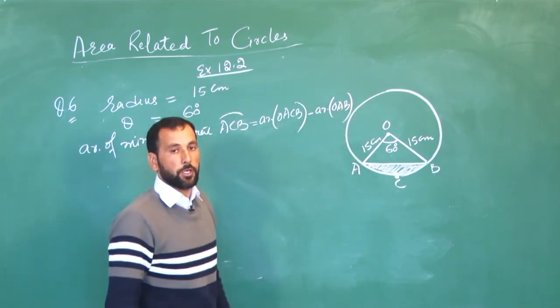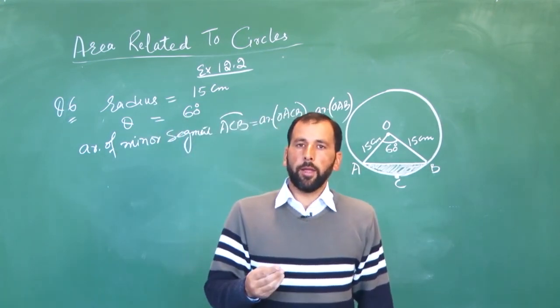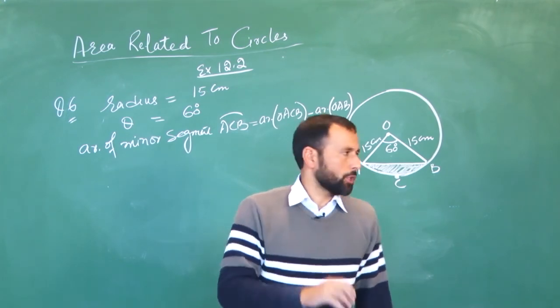What is this triangle? Sorry, it is an equilateral triangle. Why? Two sides are equal and theta is equal to 60 degrees.